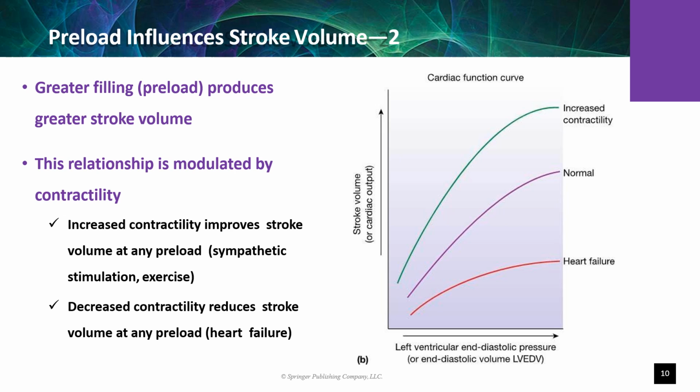The influence of preload is illustrated in the Frank-Starling law of the heart, meaning greater filling leads to greater stroke volume. Afterload is the force of the ventricle that it must overcome to achieve ejection. Greater afterload leads to decreased stroke volume.